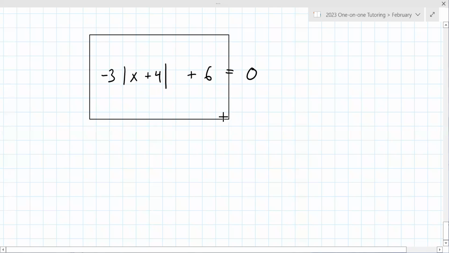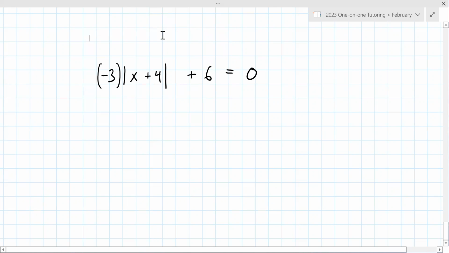This is all you care about. You don't care what's going on the right. So in that box, what math operations do you see? Subtraction and addition. This is not subtraction, or negative. Oh, multiplication, sorry. Multiplication and addition. Which do you undo first? Addition. So how do you undo that? You subtract 6 on each side.